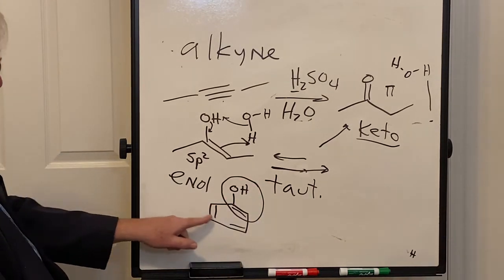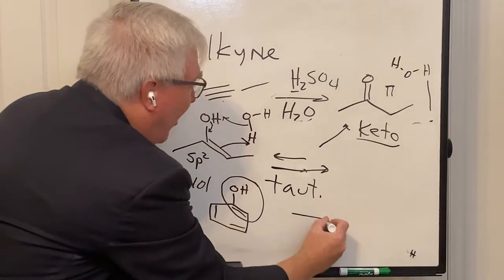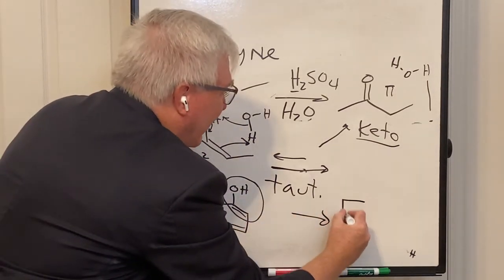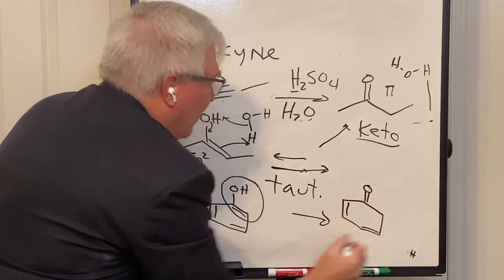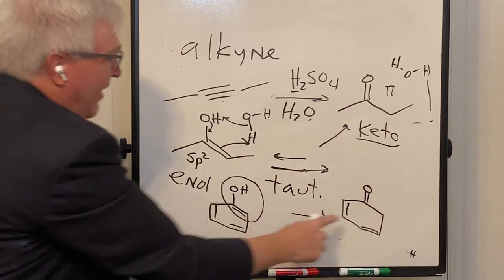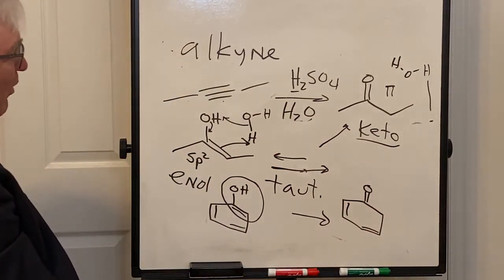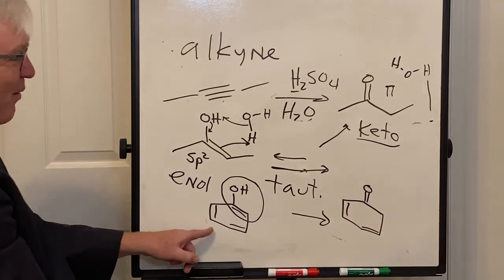On the ring here. Now, this is a benzene ring. It has some extra stability. But let's draw the keto version of that. It would look like this, right? Where we switch this hydrogen down to here, and now we have a methylene right there, right? So which is more favored, the enol version or the keto version of phenol?